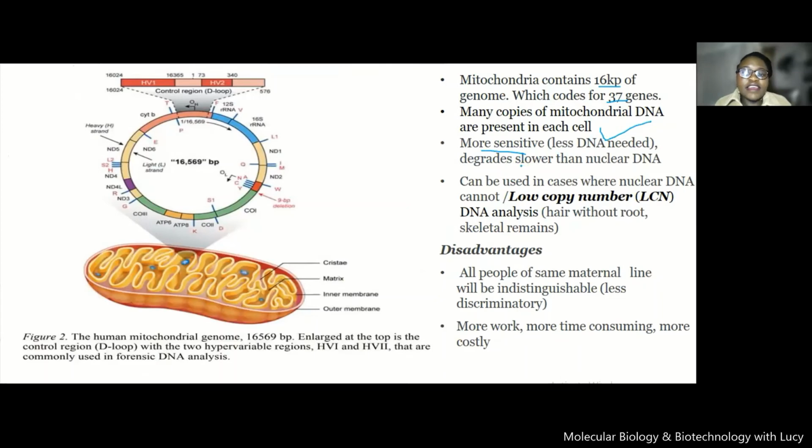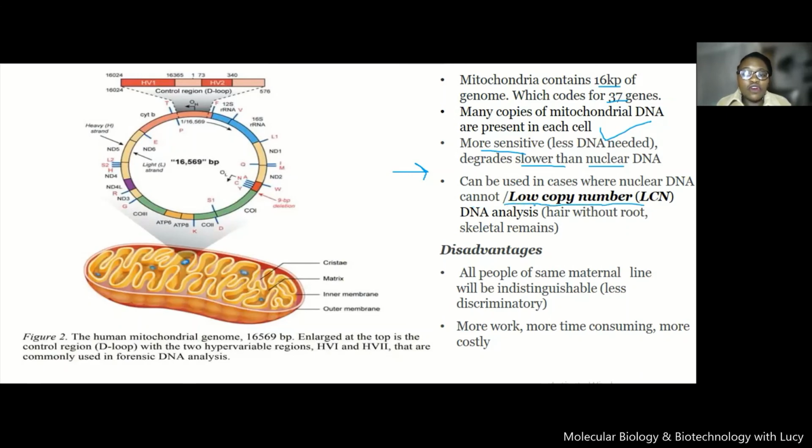And in case DNA has degraded, particularly because nuclear DNA degrades faster, then this is the best method of choice. And when we have DNA that has degraded or it is very old, we're using it on samples that are remains, or maybe it's an archaeological process where you are exhuming bodies that were buried long time ago, or just skeletal remains, hairs that have been found, then we call that low copy number form of DNA.